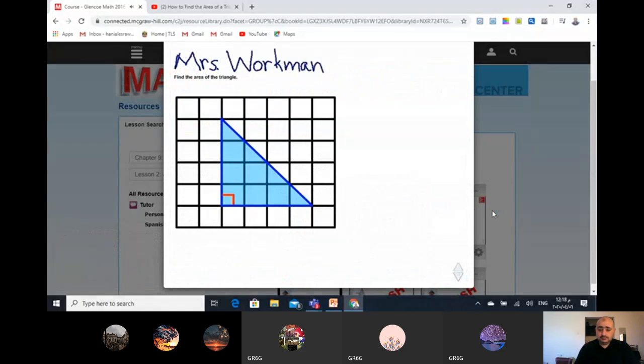Hello, this is Mrs. Workman. Find the area of the triangle. Let's talk for a minute about area. When we're finding the area, we want to find the number of square units that it takes to cover a surface.